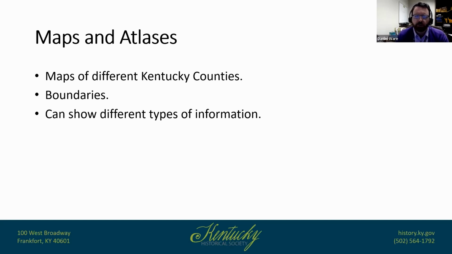And I think there's also a page that has a chart of that, and it'll break down what their occupation was, and I think maybe how long they had lived in that particular place. So certain maps and atlases can show you some very important information as far as migration and how things changed over time.